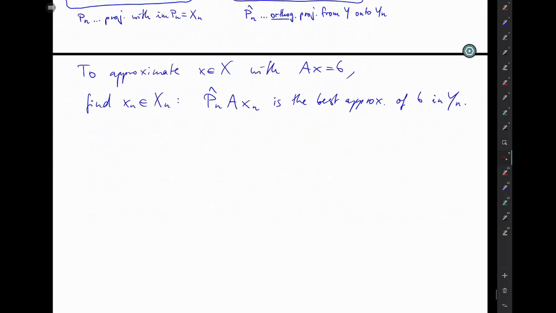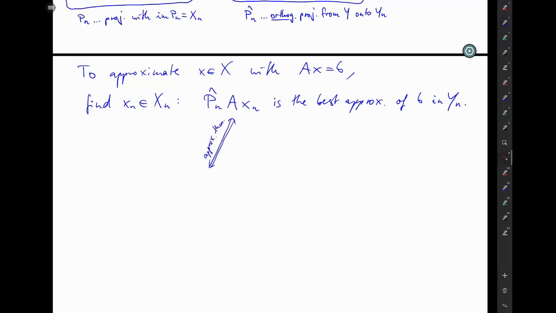Okay, let's see how we can continue from that idea to a system, ideally an n by n linear equation that we can solve. Okay, as we just said, by the approximation theorem, we can explicitly write down that best approximation of B in Yn. And it's nothing but Pn hat of B. Now it's easy to rewrite that equation by getting everything to one side and factoring Pn hat out to the left.